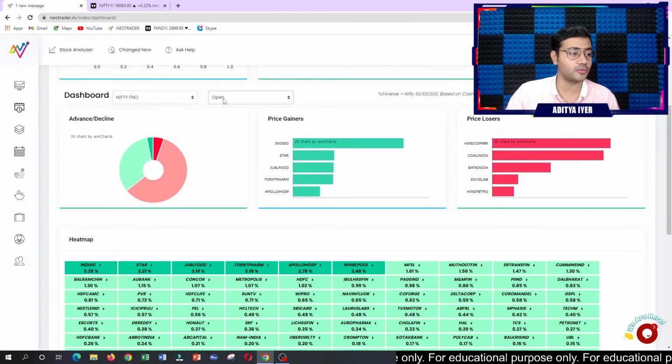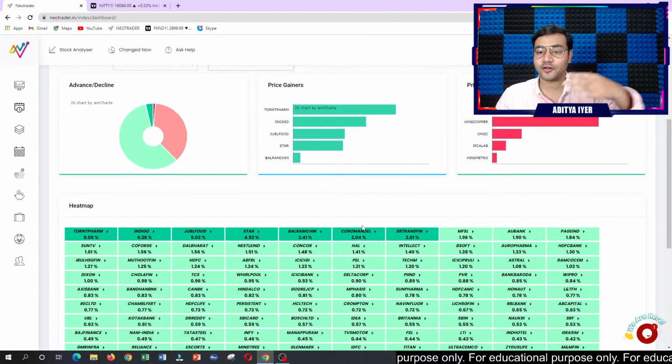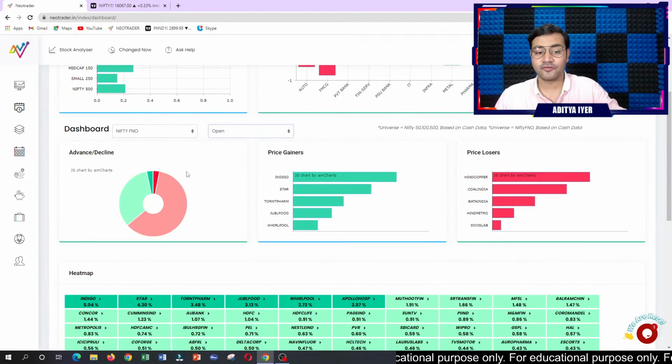When I saw this whole thing from close, it looked like the market was bullish and there were more bullish stocks. And when I change this to open, see the difference here. You saw that?